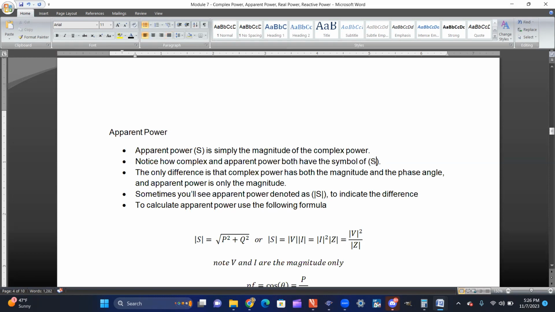They both use S, and there is a difference between the two. Like I said before, the apparent power is the magnitude of your complex power, and the complex power has a combination of your real and your reactive power together.